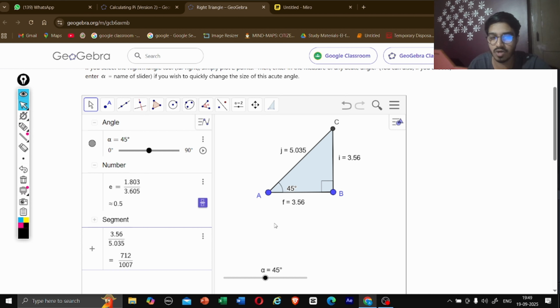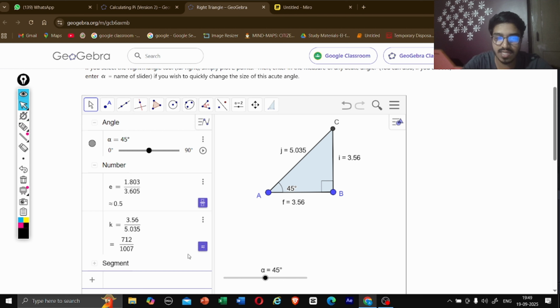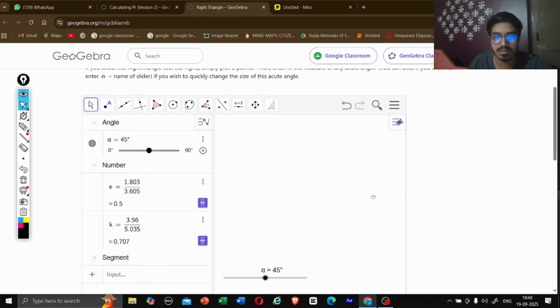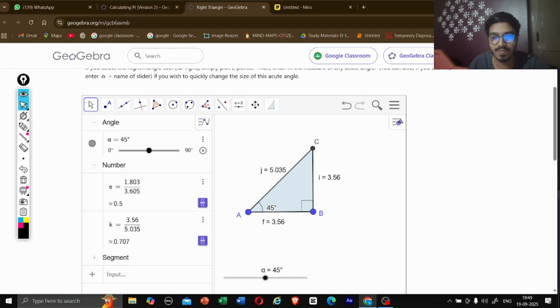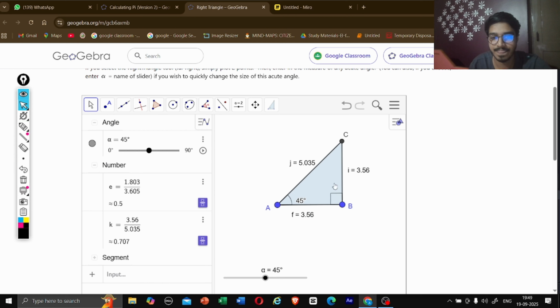That is J, the hypotenuse. So I'm getting a value of 0.707.